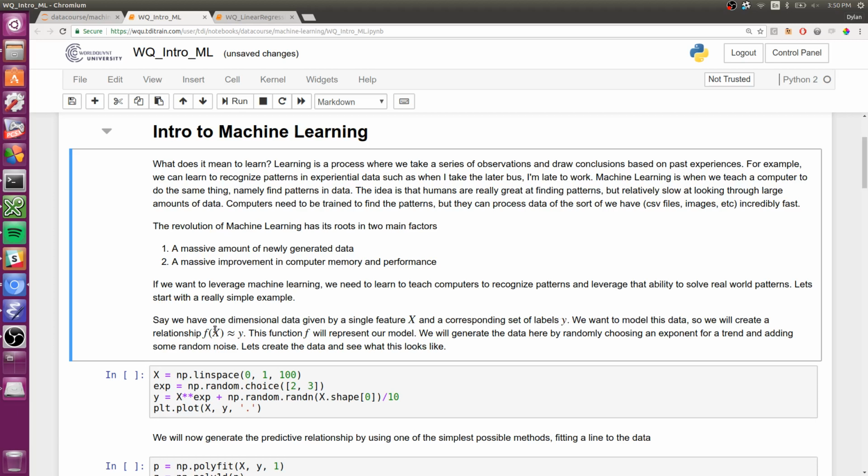In other words, there is some kind of mapping or function f that will accept some features x and approximate the correct label y.